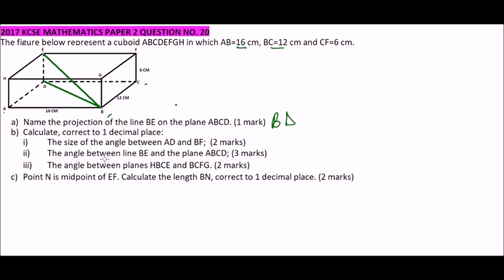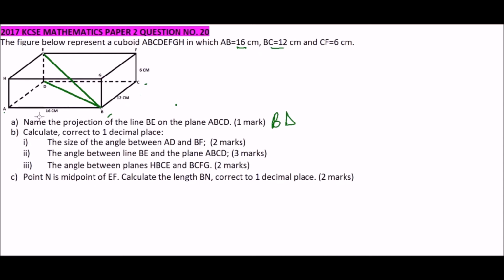The second question: calculate, correct to one decimal place, the size of the angle between AD and BF. So this is our AD and our BF. So this is line BF.